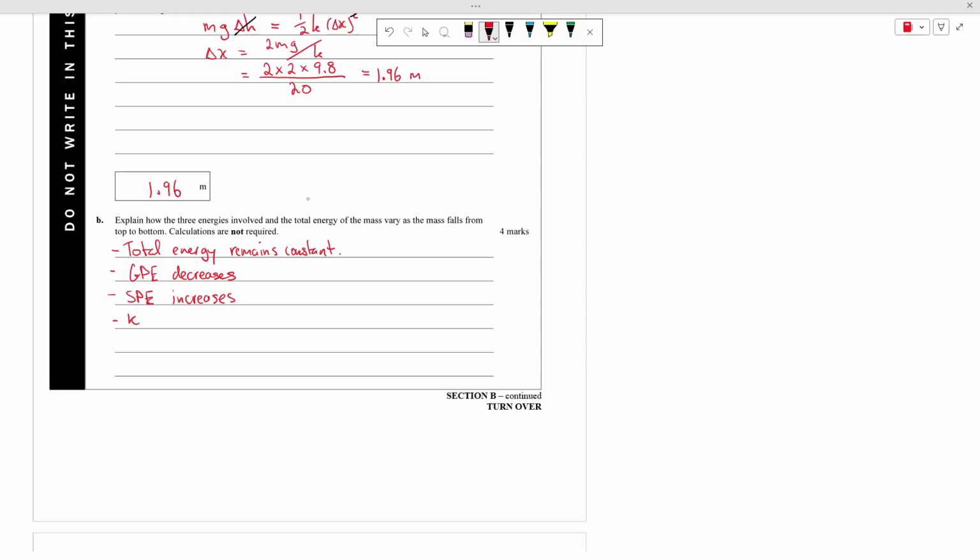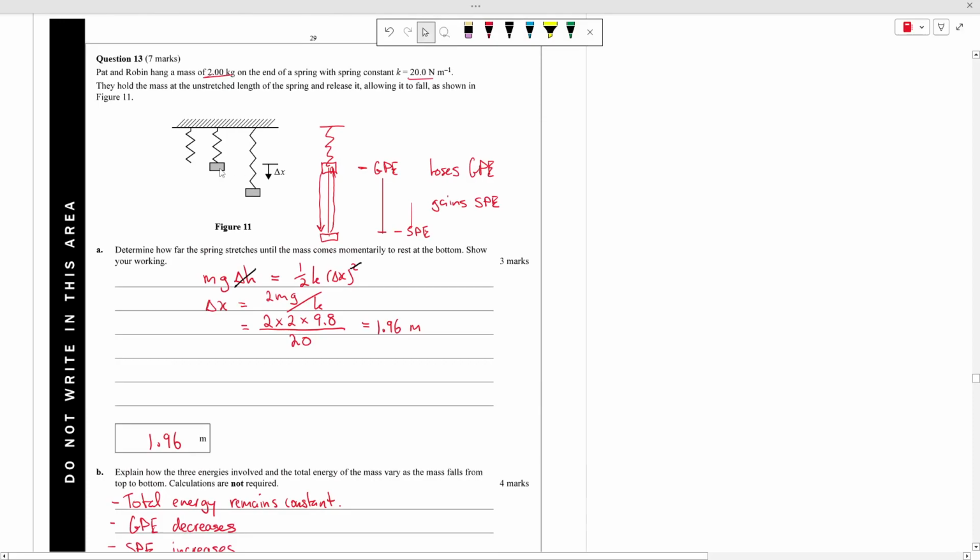And what happens to the kinetic energy? Well, initially it's at rest, so the kinetic energy is 0. Then when you let it go, it begins to fall, starts accelerating up to some point, but then eventually it starts to slow down again.